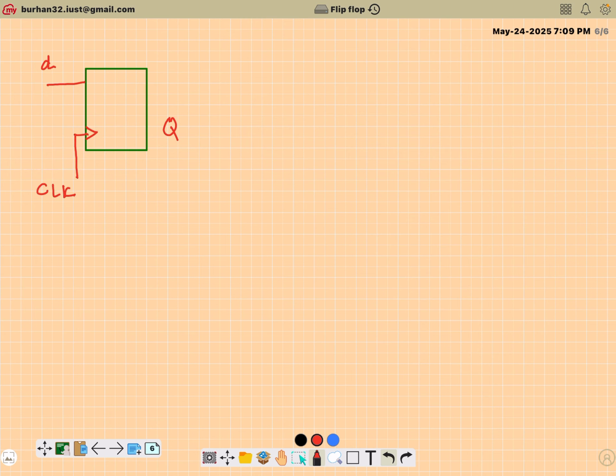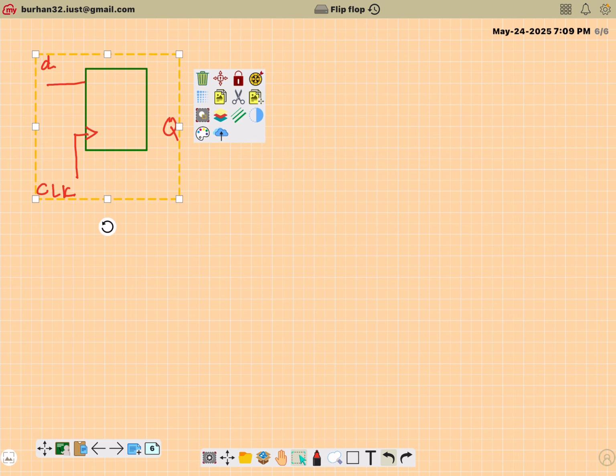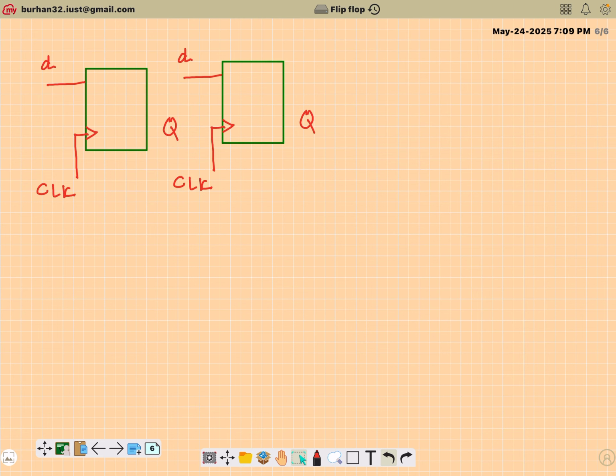Now, if I have multiple bits, all I have to do is to replicate the same thing. This stores my one bit. If I replicate it 2 times, it will store my 2 bits, say D1 and D2 with a common clock. Fine.